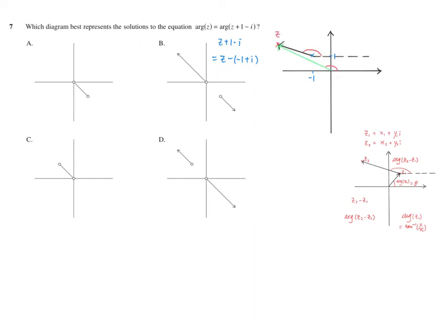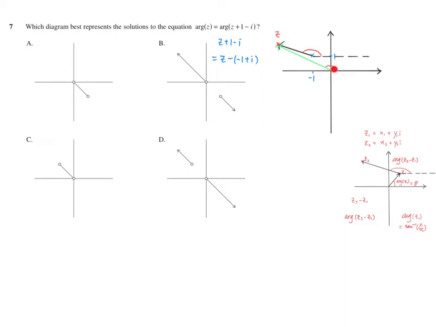Let's say it's here. And Z must satisfy the property that the argument of itself, which is this angle, must be equal to the argument of Z minus 1 plus i, this angle. Of course, these two angles are not equal, so this Z cannot be the Z required in this question.